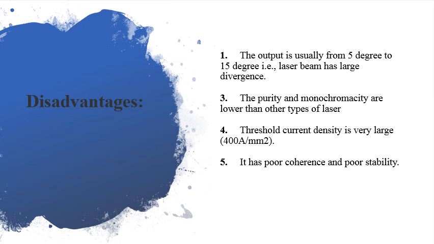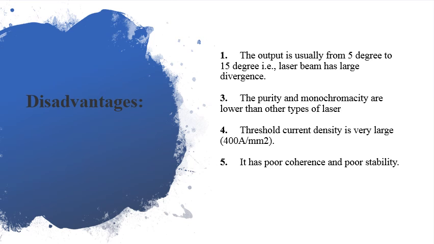However, it is difficult to control the mode pattern and mode structure of the laser. The output divergence is usually from 5 degree to 15 degree. The laser beam has large divergence as compared to other lasers. The purity and monochromaticity are lower than other types of laser, slightly lower than others.